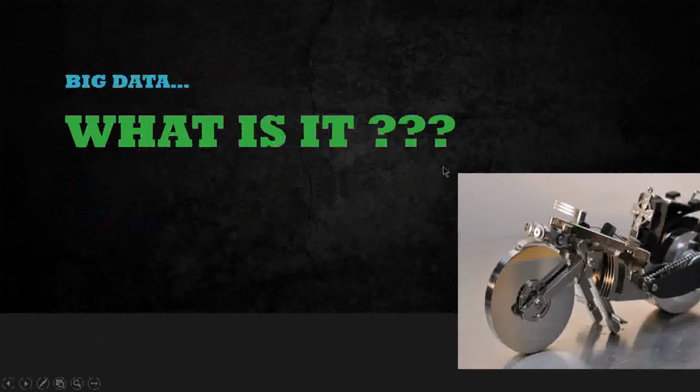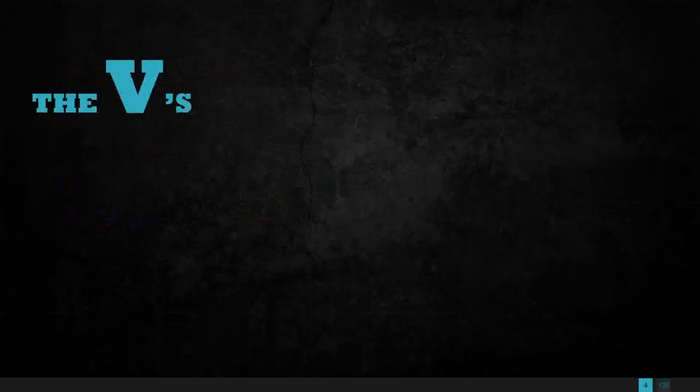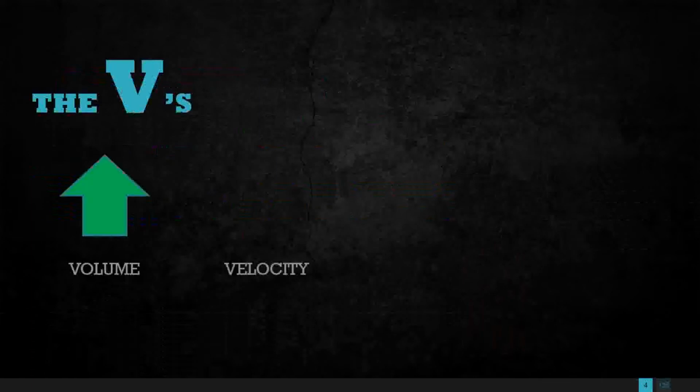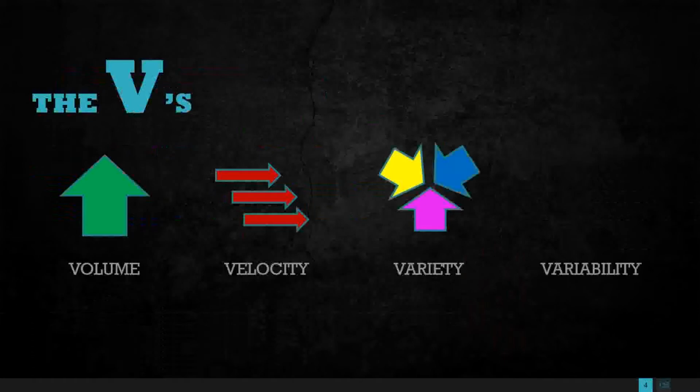So what is it? Well, it's a little different animal than it used to be. We've added all sorts of new and interesting types of data. Typically today it's described as a series of V's. You'll hear Gartner and everybody else talking, V this, V that. So here are our V's: volume, velocity, variety, and variability. Volume speaks to how much of it there is, velocity to how fast it's accumulating.